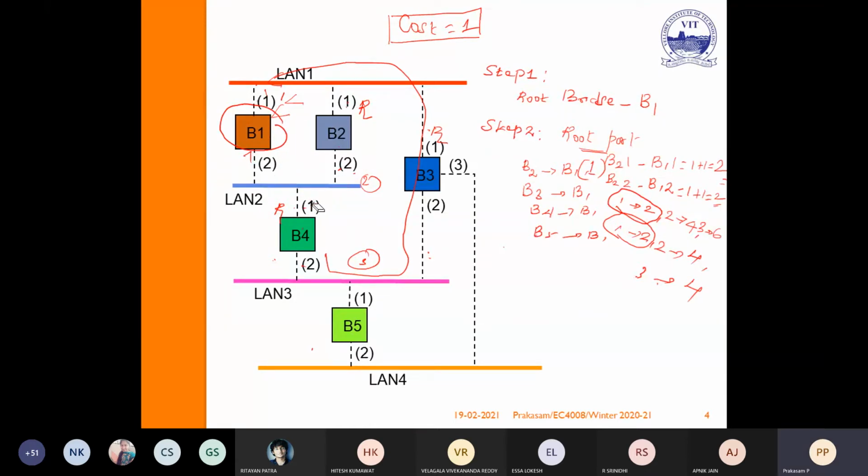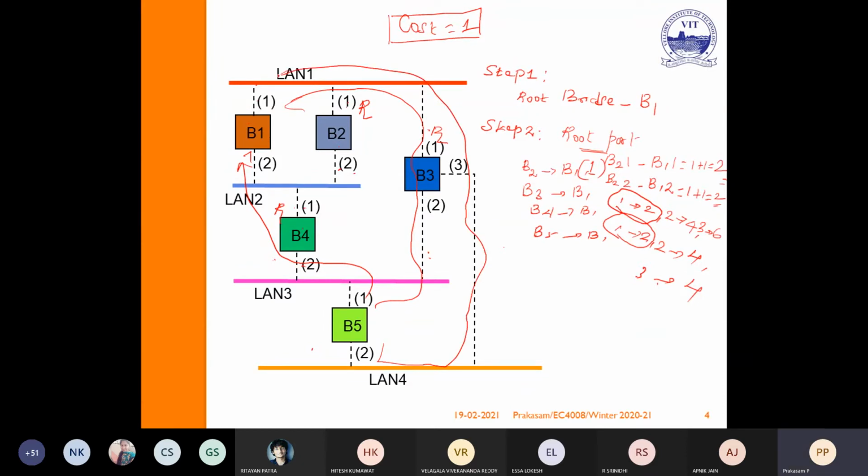So next, we are calculating for B5. For B5, you can go in this direction, or in this direction, or in this direction. So this is path 1, path 2, path 3. For B5, path 1, 1 plus 1 plus 1 plus 1, so 4.